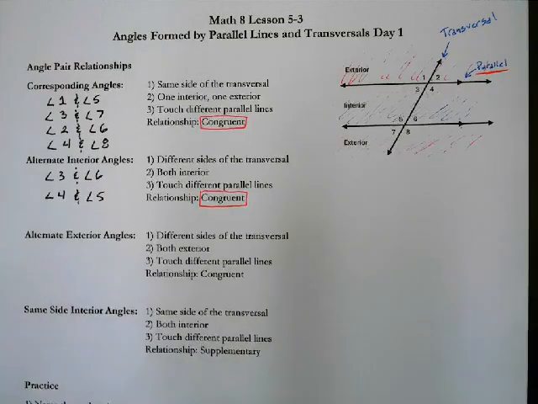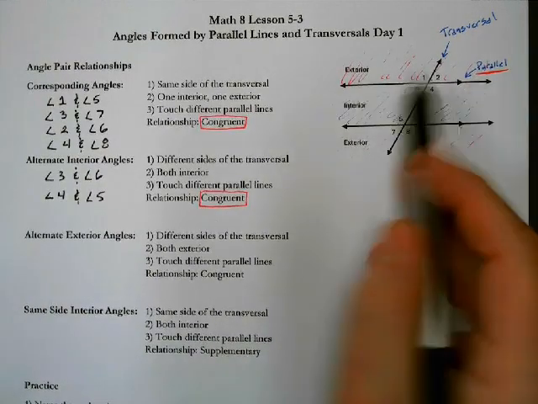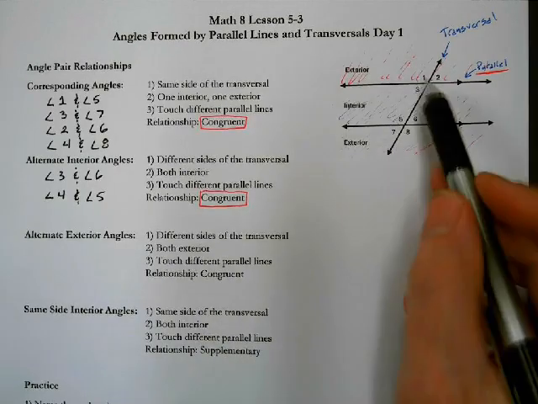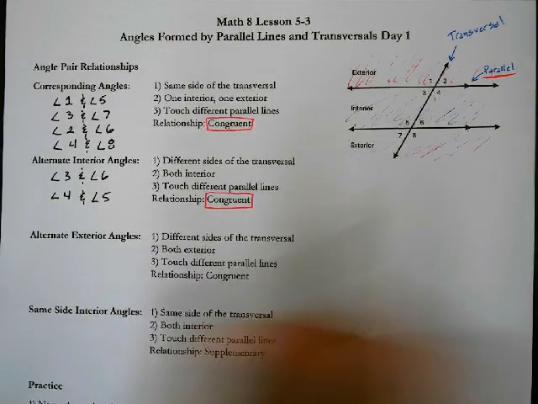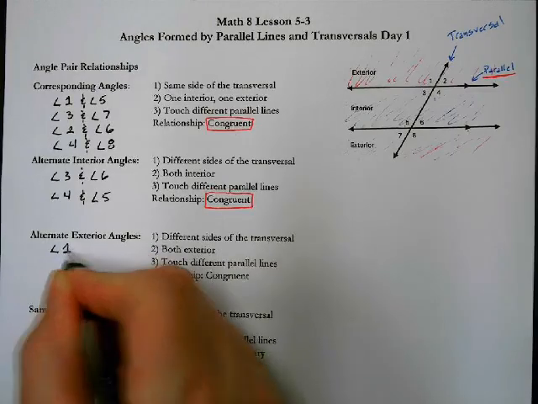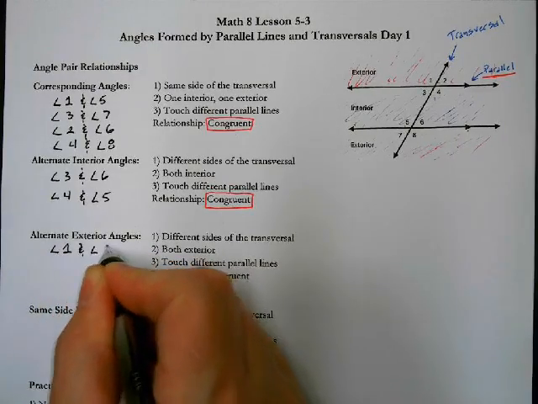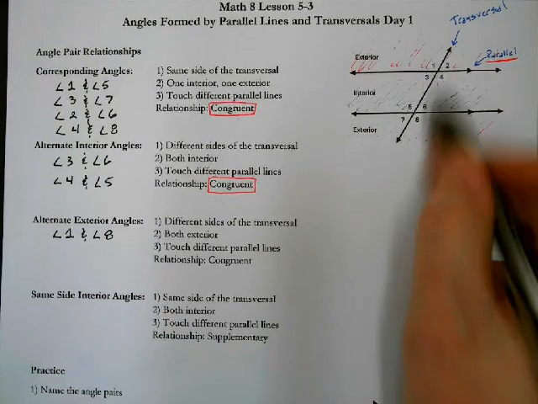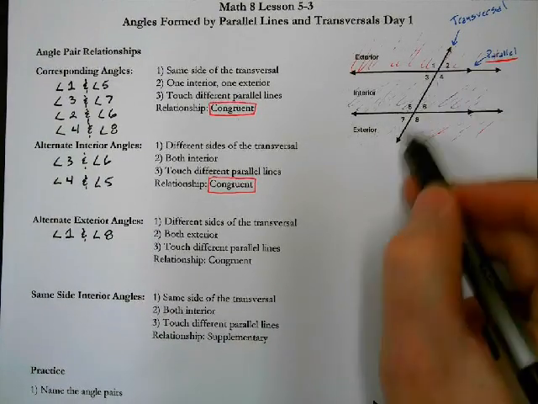Alternate exterior angles. So these ones are going to be exterior angles, different sides of the transversal. That would be 1 and 8. So 1 and 8, both exterior, different sides of this transversal.